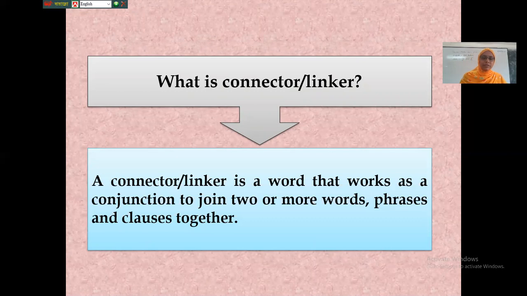A connector or linker is a word that works as a conjunction to join two or more words, phrases and clauses together.